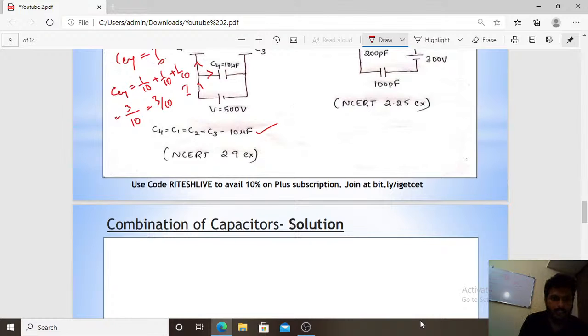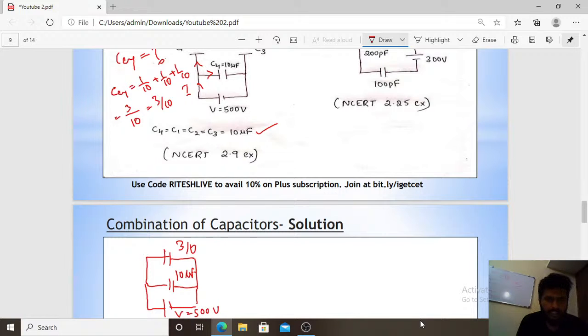So I can write a new circuit that is 3 by 10, and here it is another one that is 10 microfarad. Okay, so the last one is voltage, that is V is equal to 500 volts. When I do these two that are in parallel, so C equivalent will be 3 by 10 plus 10.